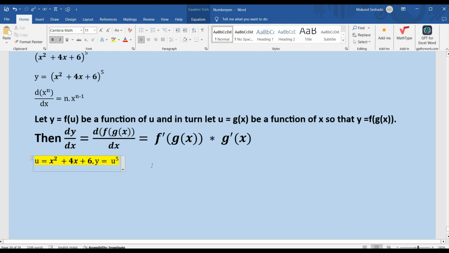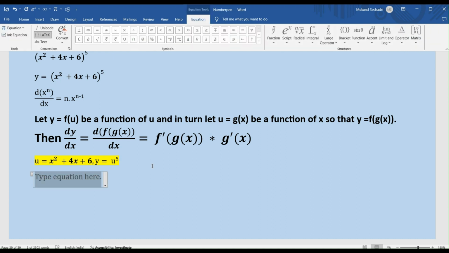And what does the composite rule state? My d by dx of y equals d by dx of f of g of x, equal to f dashed of g of x into g dashed of x. Now let's go ahead and substitute and see what we get.